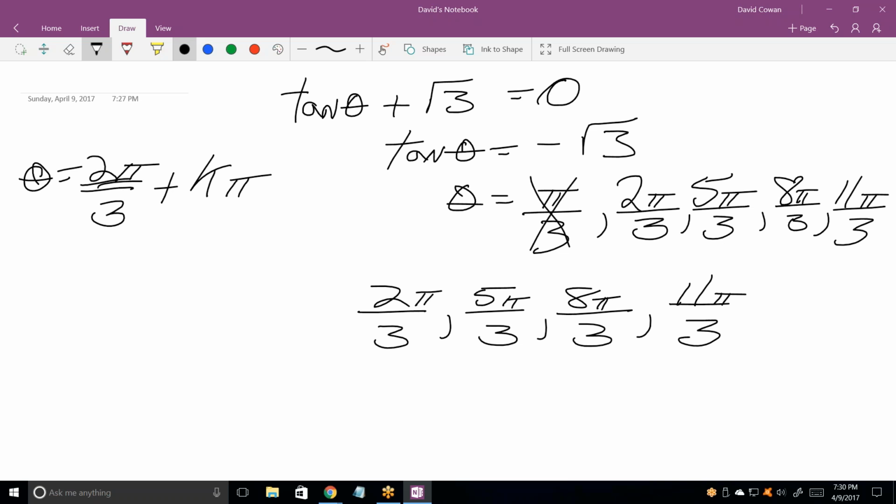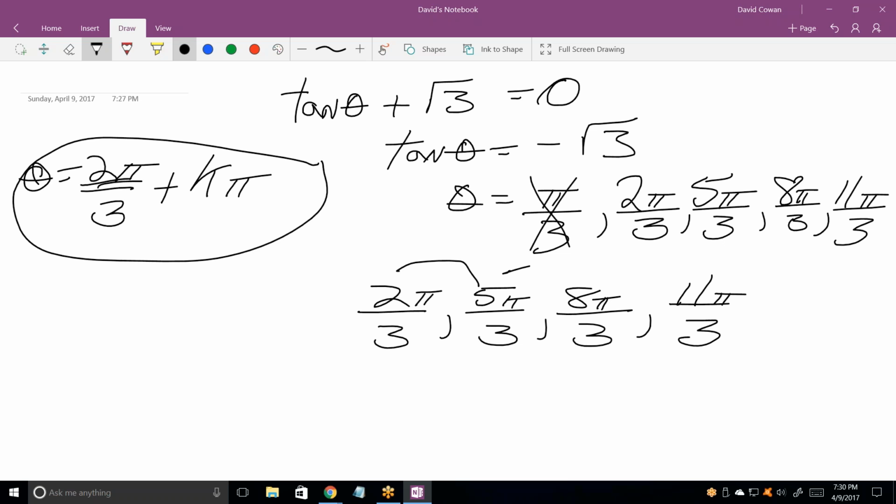In other words, this happened to be one that we could completely write with one sequence, because each number is separated by 3. And the next one's going to be 14 pi over 3, which it is. And so, in other words, we don't need 2 different series for this. And 3 over 3 is 1, so it's k pi is perfect.